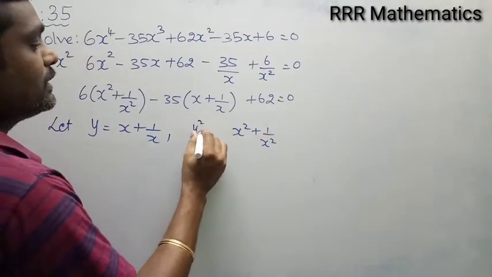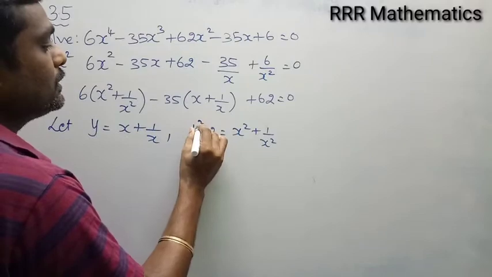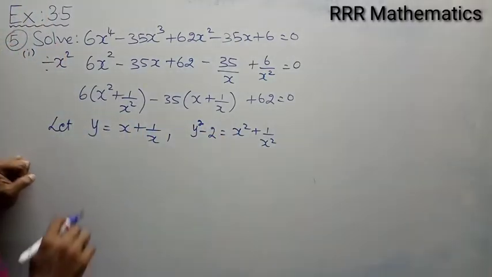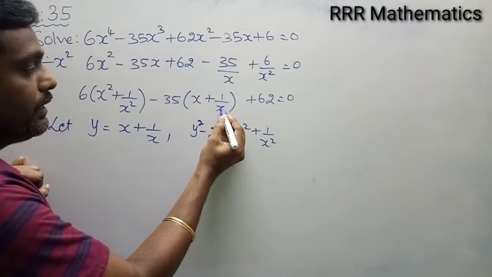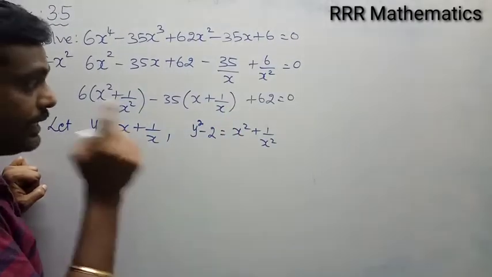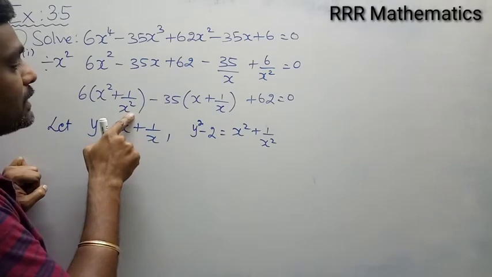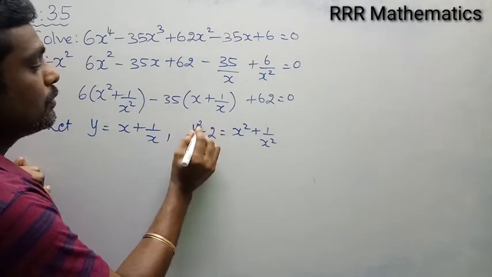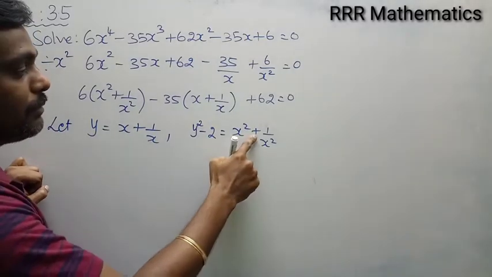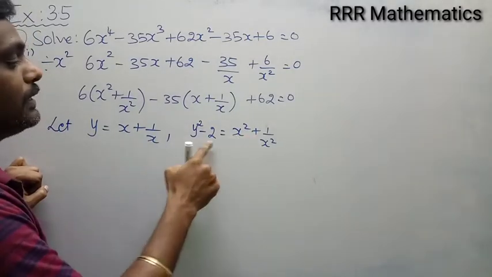That plus 2 comes here as minus 2. So when you take x + 1/x as y, then x² + 1/x² will be y² − 2. Got it?